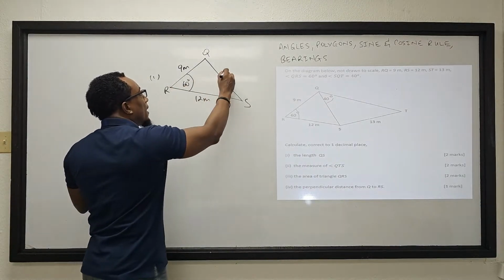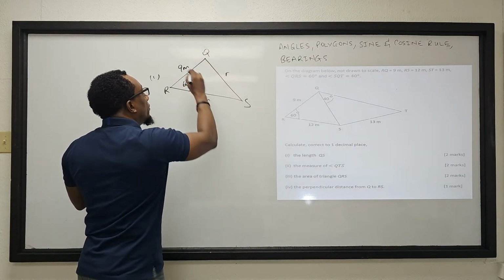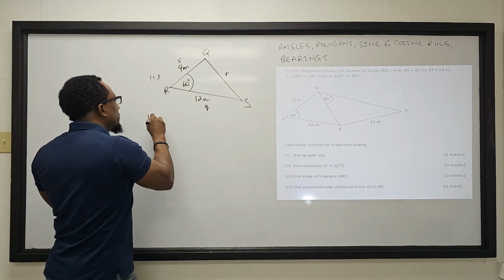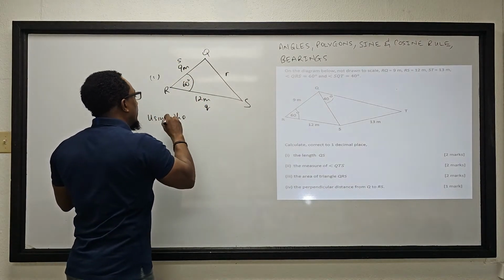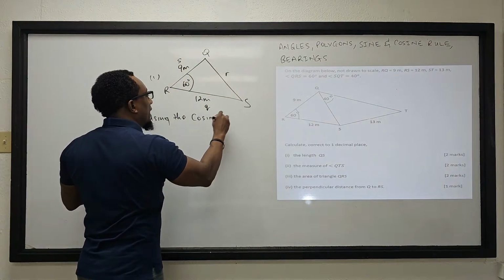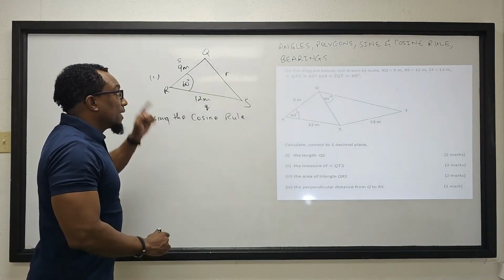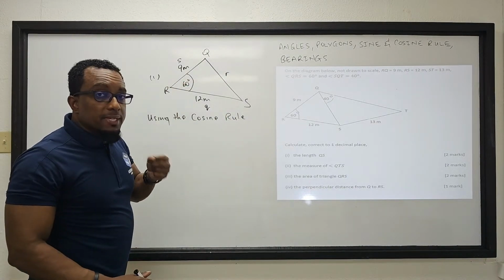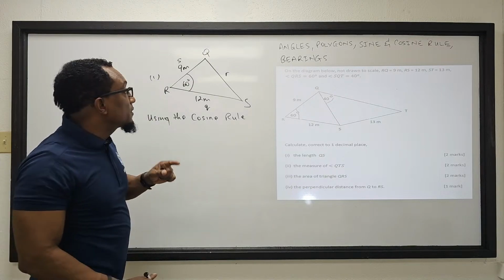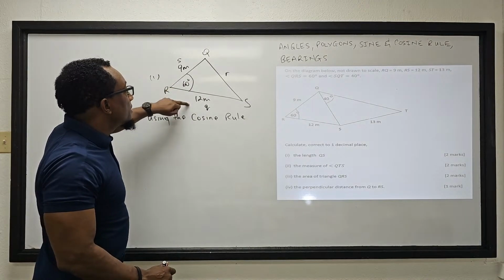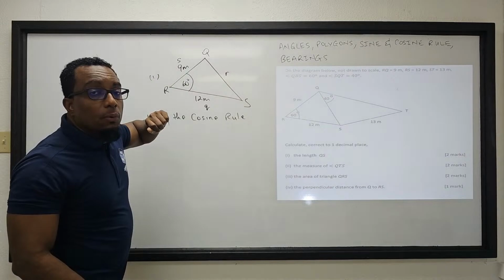Let me label R, Q, S. This is a non-right angle triangle, so we use the sine or the cosine rule, but we're using the cosine rule because we have two known sides that meet to form the included angle.